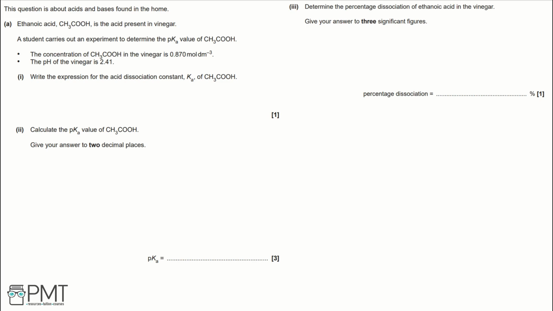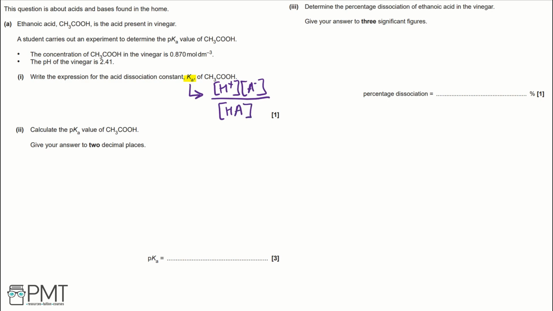Part 1. Write the expression for the acid dissociation constant Ka of ethanoic acid. The basic expression for Ka is that Ka equals H+ times A- divided by HA.